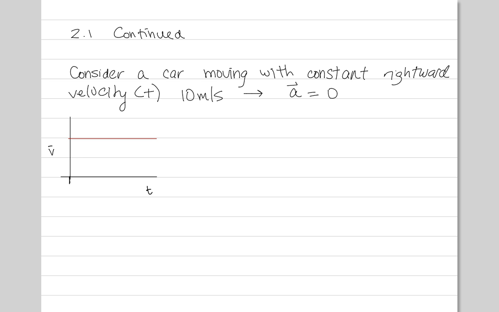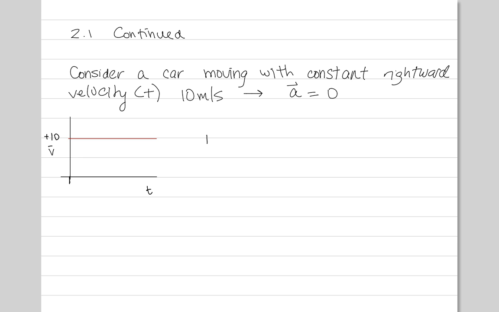All right, so this up here would be your 10. And of course it's positive 10 because you're moving to the right. So your line is above the x-axis. Okay? And that's important to note.